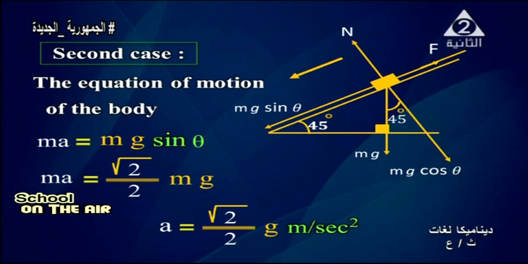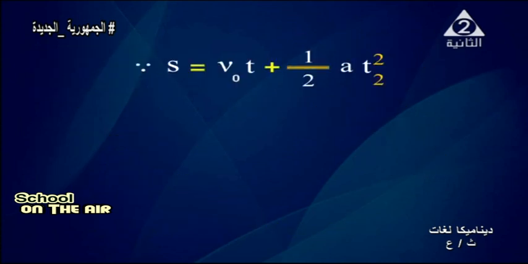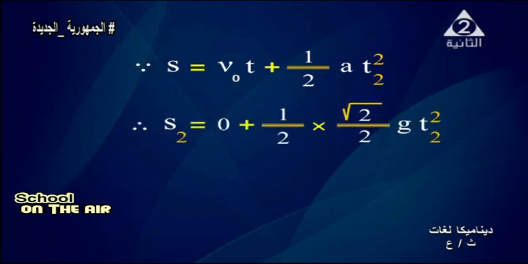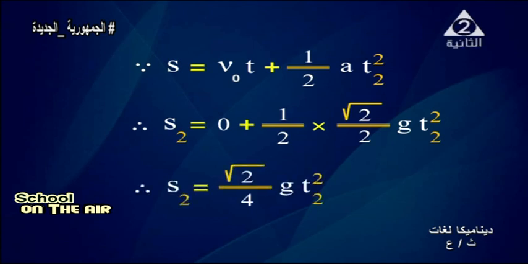Now we can use the rule S equals v naught t plus half a t2 power 2, t2 the time in the second case. S2 equals 0 plus half times root 2 over 2 g t2 power 2. S2 equals root 2 over 4 g t2 power 2. The body slides in the second case the same distance as in the first case. Then S1 equals S2.